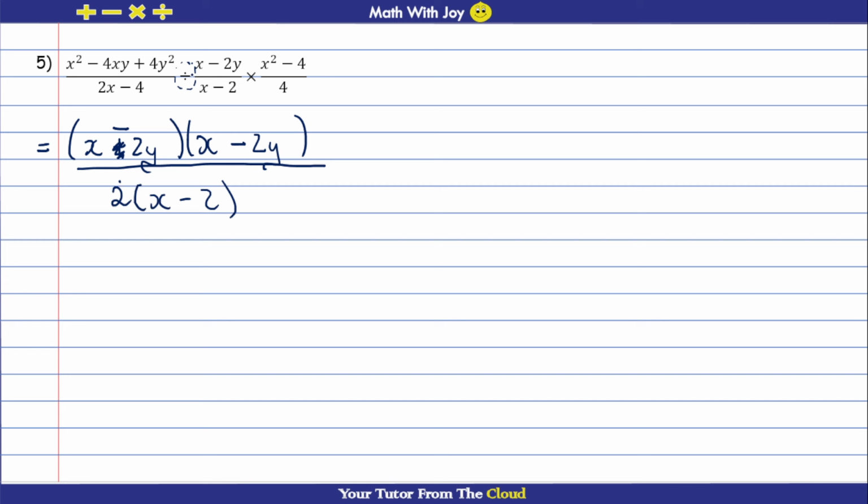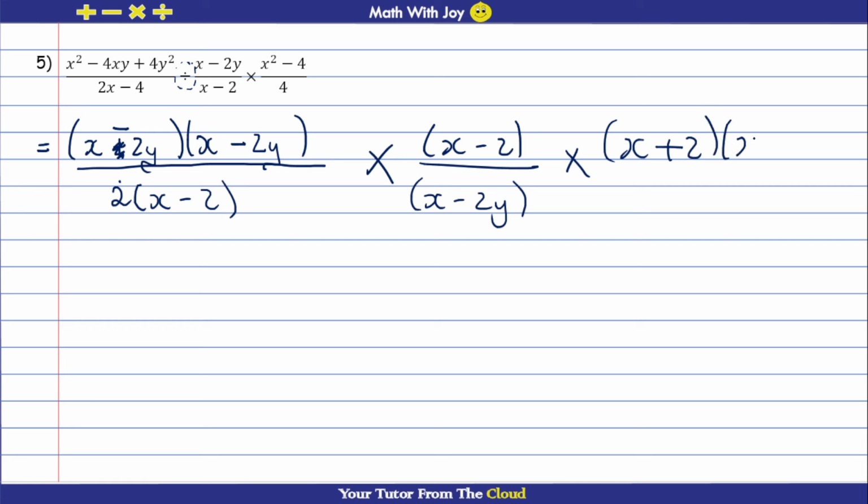Now, change the division into a multiplication. Take the denominator and make it now the numerator. Take the numerator, make it the denominator, which is x minus 2y. Now leave this as it is, which is x bracket x plus 2, and you have x minus 2. We factorize the difference of 2 squares over 4. Now cancel, because you now have one term.